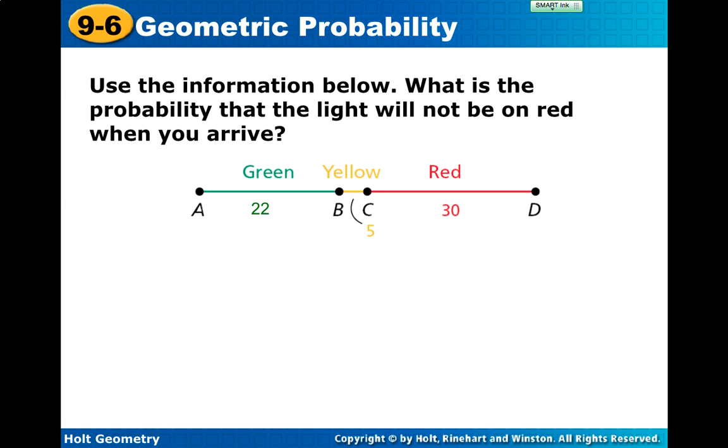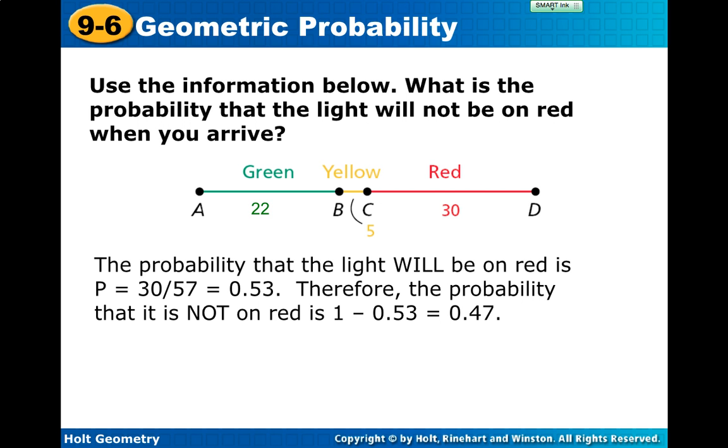This is not out of 60. 27 out of 57. I don't think that reduces very nicely. So they went to decimal, but a fraction I think is fine.